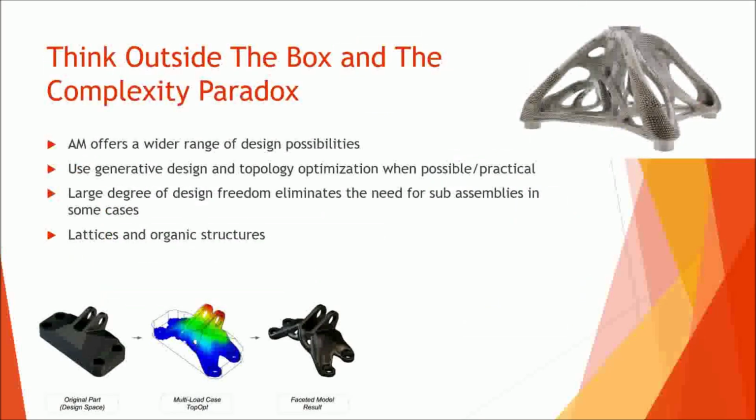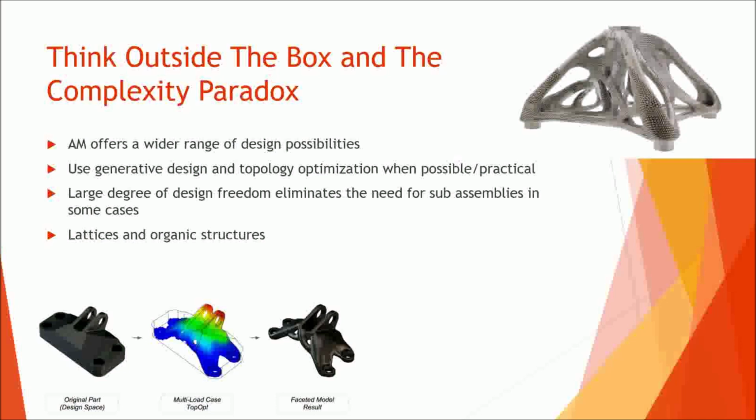As far as the thinking goes for designing for 3D printing, you really need to think outside the box. It's totally different than designing parts that will be machined on a mill or a lathe. And you also have to think about the design complexity paradox, which is basically an idea that adding complexity to the part doesn't make it cost more, and in some cases it can actually reduce the cost of the part.